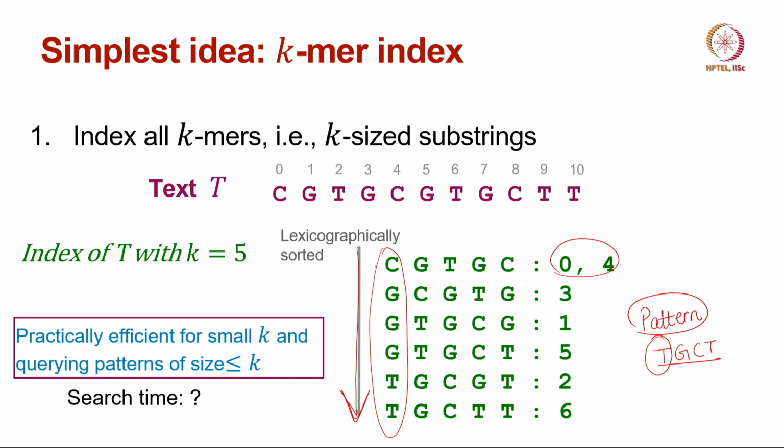In the binary search I would look for the character T and find the range, the starting and the ending range at which the character occurs. So, in this case the start and the end range would be this.